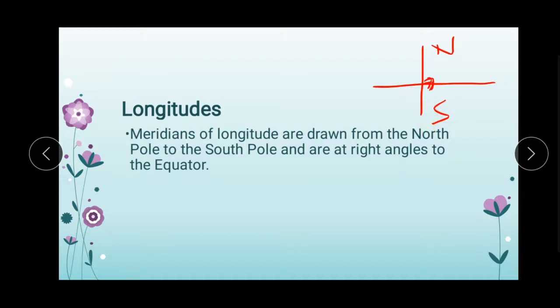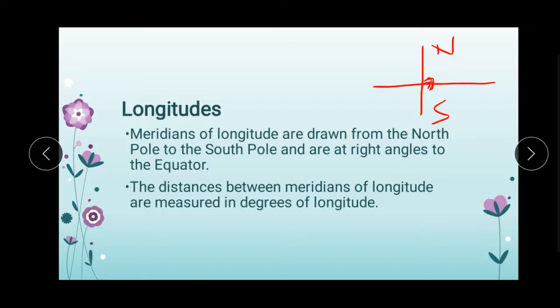It is at the north edge of the globe. And South Pole is at the south edge of the globe. These lines are drawn to connect North Pole and South Pole, and they are at right angles to the equator. Where is the equator? The equator is at the center.